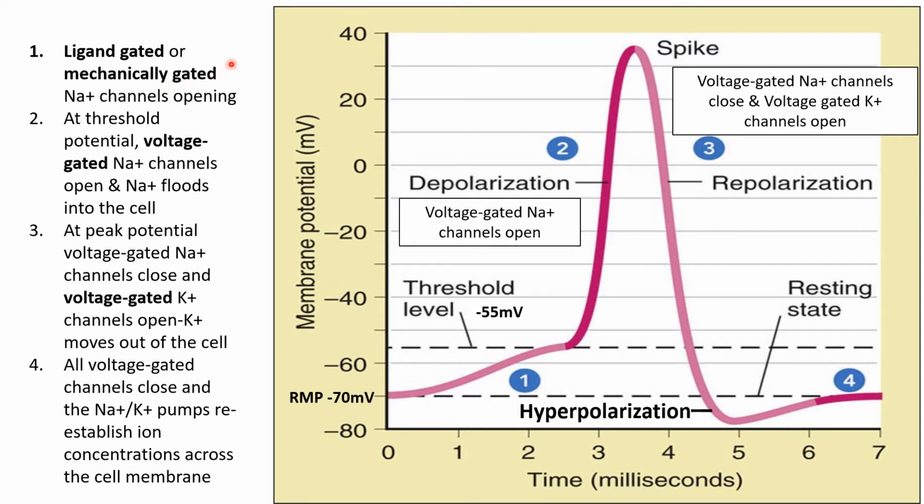Remember, ligand is a neurotransmitter. If a neurotransmitter binds to that channel receptor, it allows sodium to enter into the cell. Sodium is a positively charged ion, so if sodium channels open up, sodium will start to come into the cell, making it more positive inside the cell.